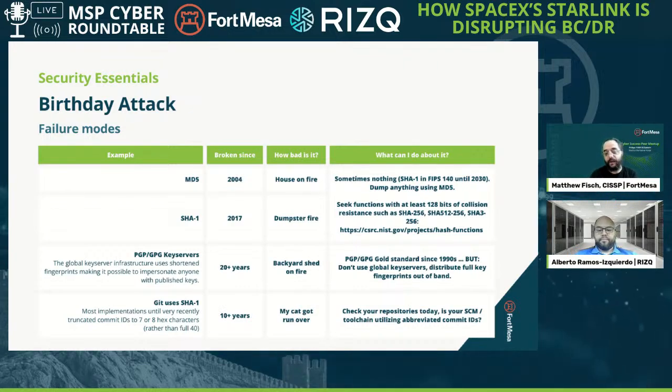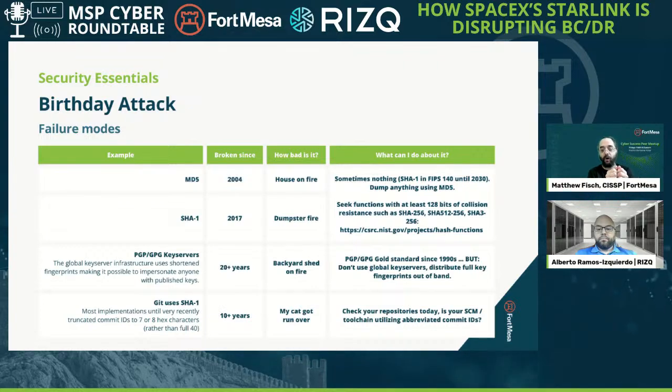One more, and this one has a bit more of a mass market problem space, which is that Git was built off SHA-1, still uses SHA-1. We should be moving beyond that soon. But to make that really dangerous, almost every implementation of Git until a few years ago, and many of them today still, and this is a big no-no, again, just like PGP, they shortened the hash for the commit ID.